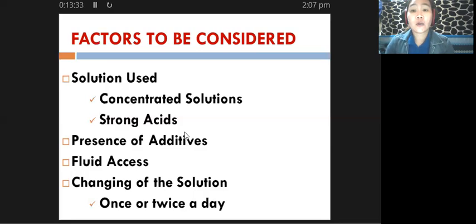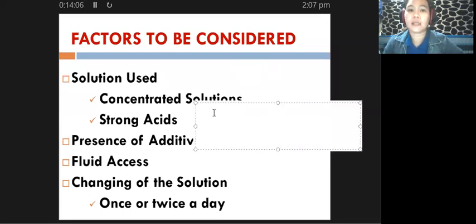Apart from that, another characteristic that we have to consider for the acids that we are using in decalcification is whether they are considered to be strong acids or weak acids. Strong acids, what are examples of this? In general, what is our rule from our MCHOC?